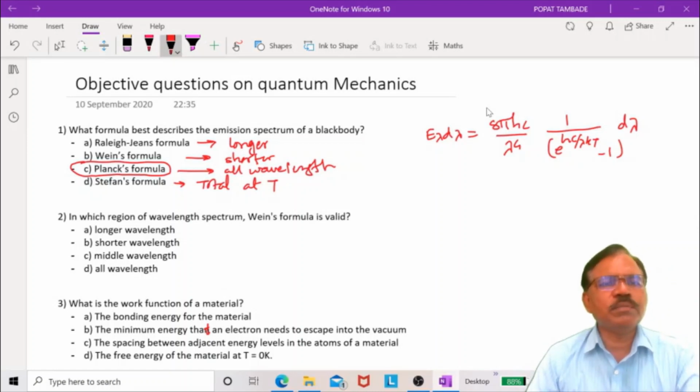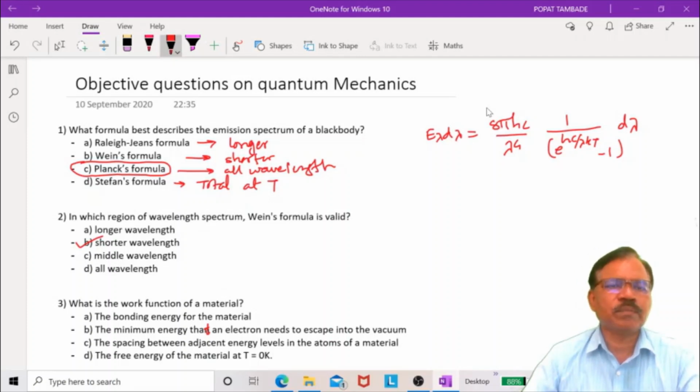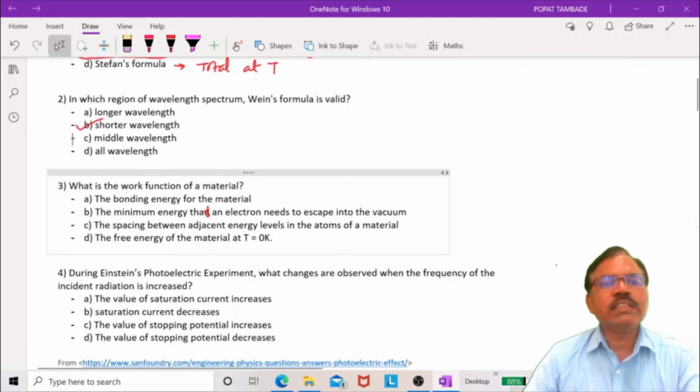Now second objective, in which region of the wavelength spectrum is Wien's formula valid? We have seen Wien's formula is valid in the shorter wavelength region, while the Rayleigh-Jeans formula is valid for the longer wavelength region. So here the answer is shorter wavelength region. Now what is the work function of the material?